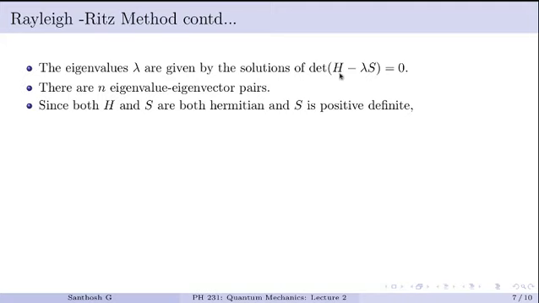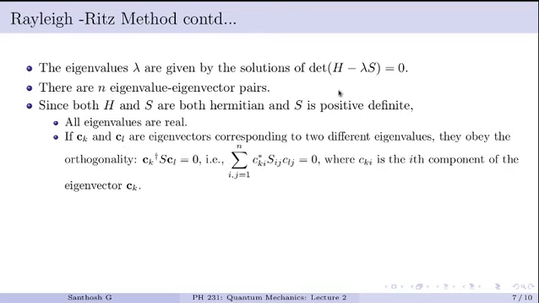Now we use the properties of H and S, that H is Hermitian and S is positive definite. Then we can say a little more about the nature of eigenvalues and eigenvectors. The first property is that all the eigenvalues lambda are real.